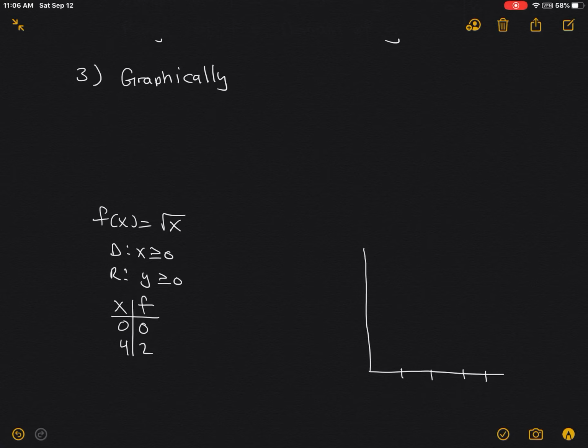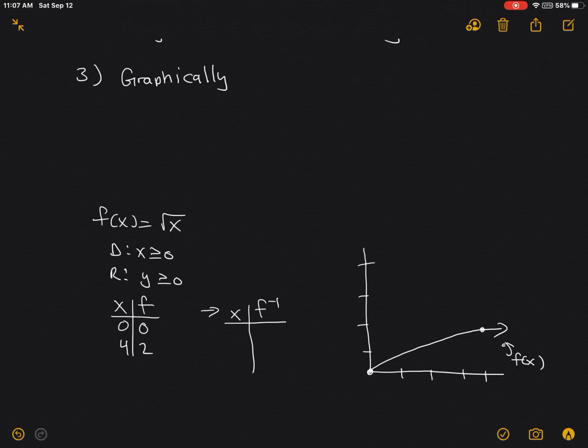If I graph it in the first quadrant, 1, 2, 3, 4, 1, 2, 3, 4, 0, 0, 4 comma 2. Right, there's my square root function. There's the domain, x is greater than or equal to 0. There's f. All right, now how do I obtain my inverse?